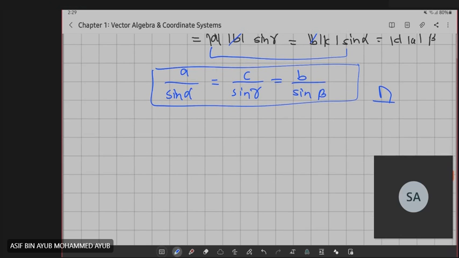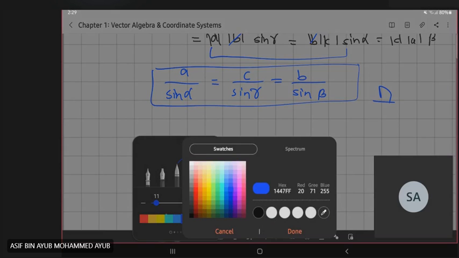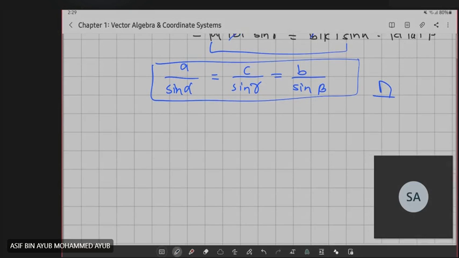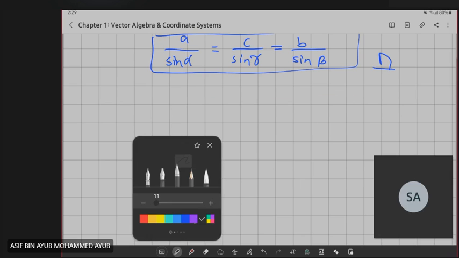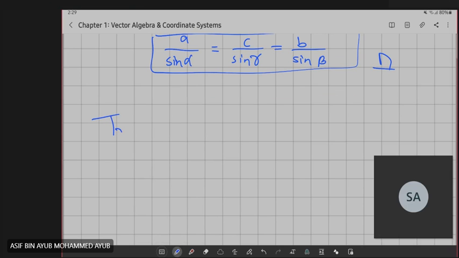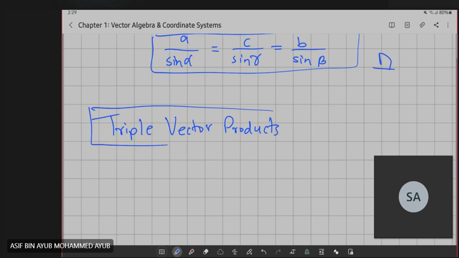Okay, but this is not the only way you can multiply vectors. You can multiply three vectors together. Now we'll do triple products with vectors. Just like the multiplication with two vectors, we'll also see that we can get a scalar and a vector when you multiply three vectors.